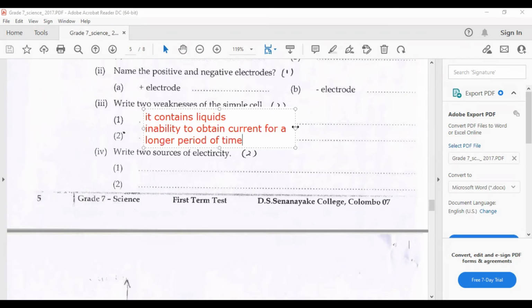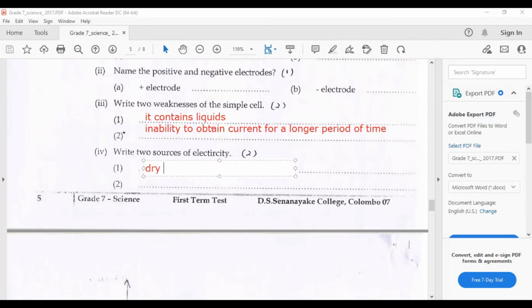Write 2 sources of electricity. One is dry cell, another one is car battery.